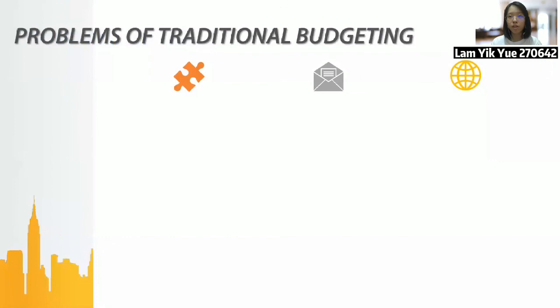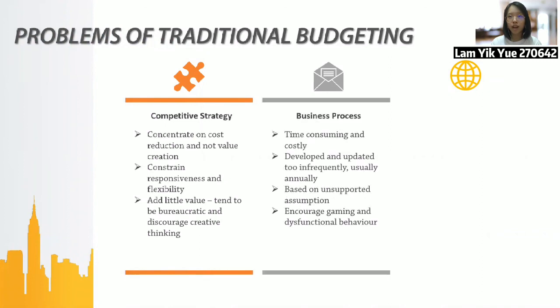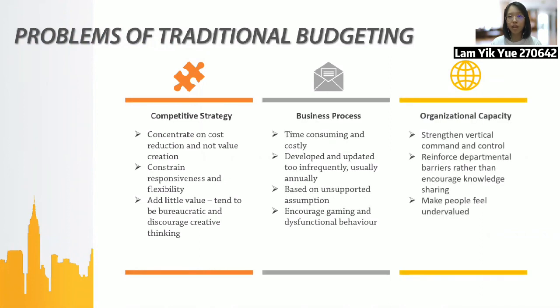For the problems, they fall into three aspects, which are competitive strategy, business process, and organizational capacity. For competitive strategy, traditional budgeting concentrates more on cost reduction rather than value creation. It tends to be bureaucratic and eventually discourages creative thinking.